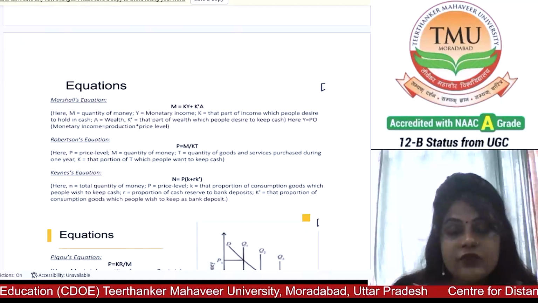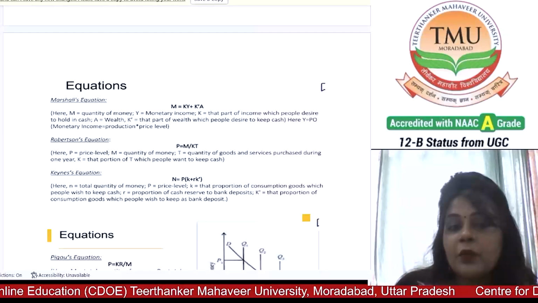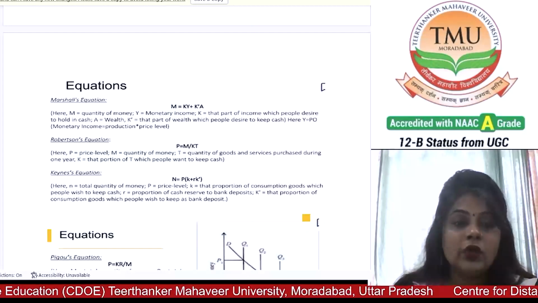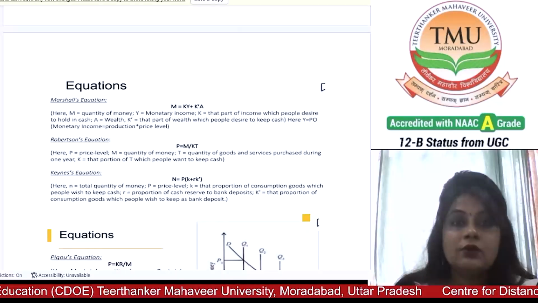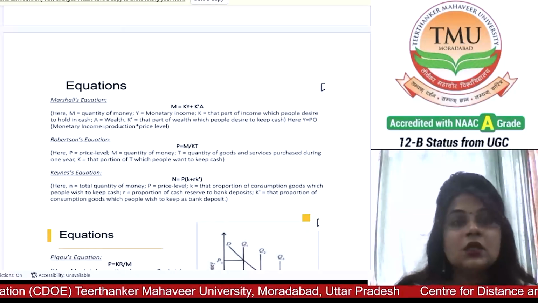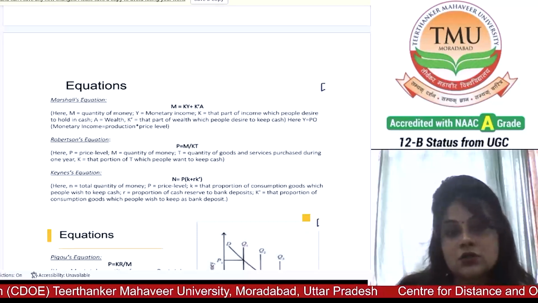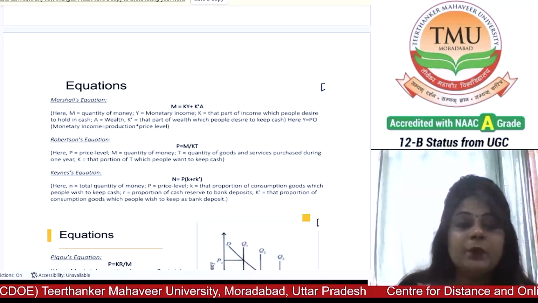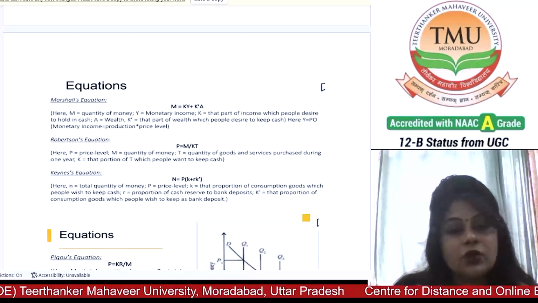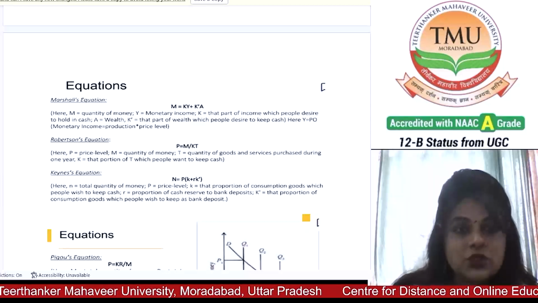Robertson gave these equations. According to Robertson, the demand for money is for store of value or holding value. And in Keynes' equation, Keynes has laid more stress on consumer goods. In his opinion, people want to keep cash balance to purchase consumer goods. This equation is called the real balance approach.